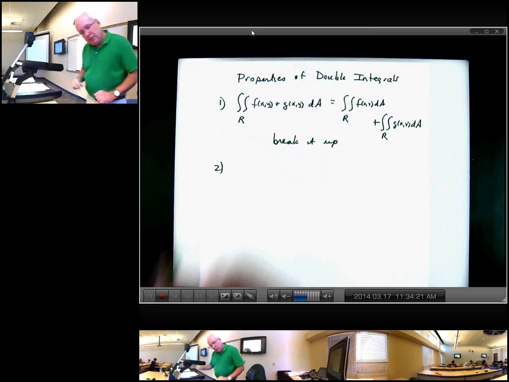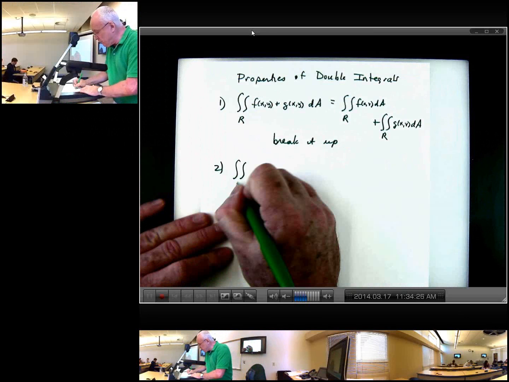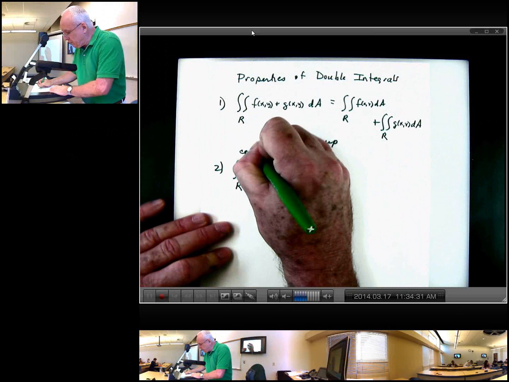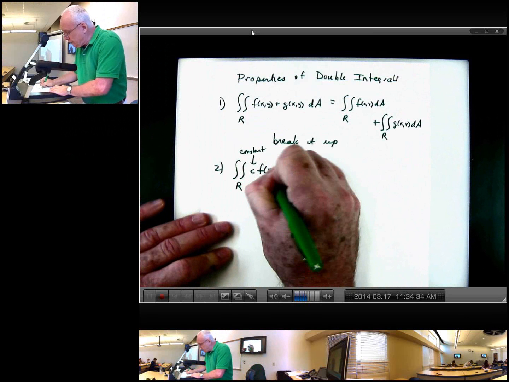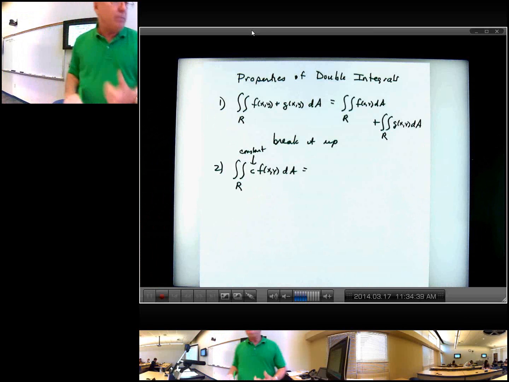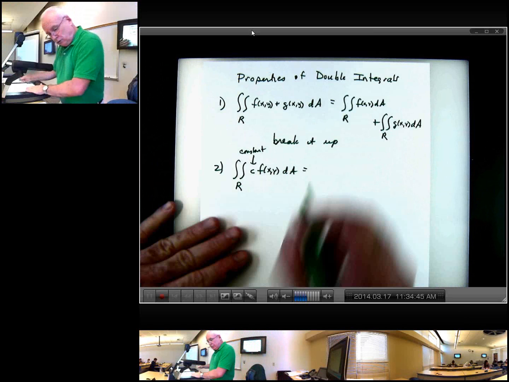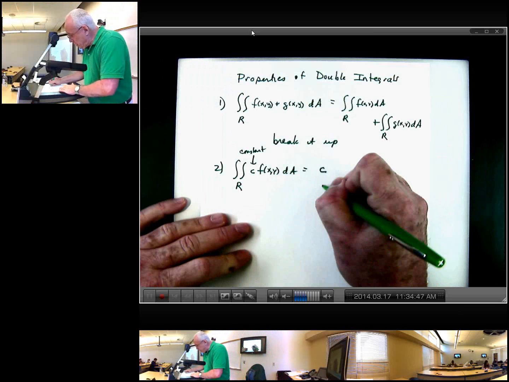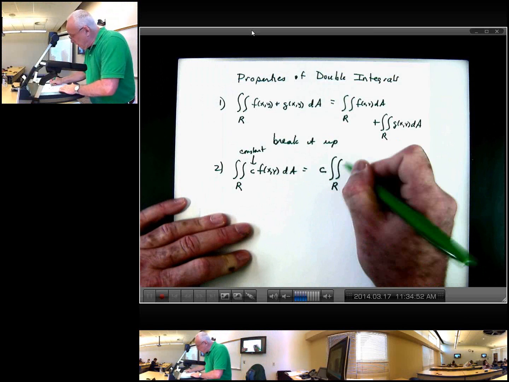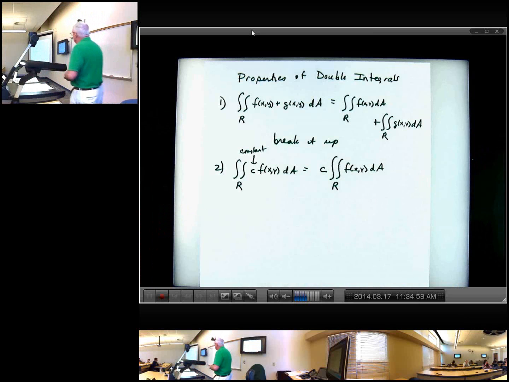And the second, let's see, there's three of them altogether. The second one then is this. If we do the double integral over R of c, some constant or some number, times our function of xy dA, well, we know in one variable calculus, we can just bring the constant out in front of the integral, and we can do the same thing here. So it's that same constant times the double integral of f of xy dA. Again, just bring the constant out front.